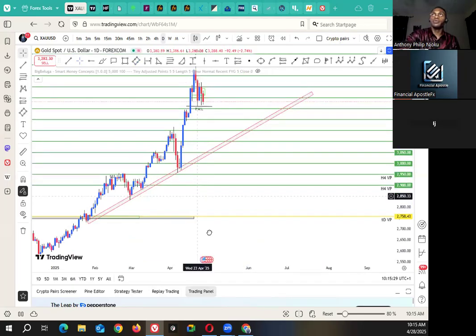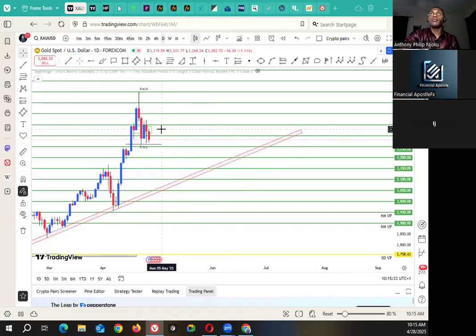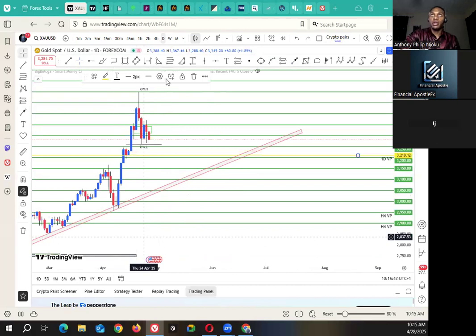Okay, so with that in mind now, we have the demand zone here on the daily time frame. We have a secondary demand zone over here, so I'm just going to mark out that secondary demand zone. Then go to the 4 hours time frame.